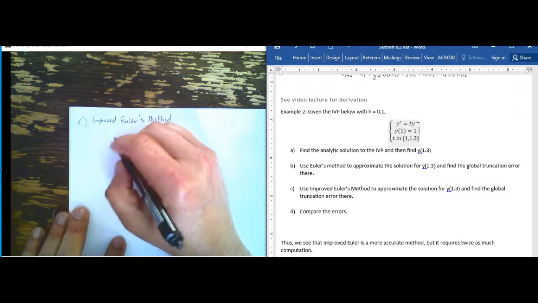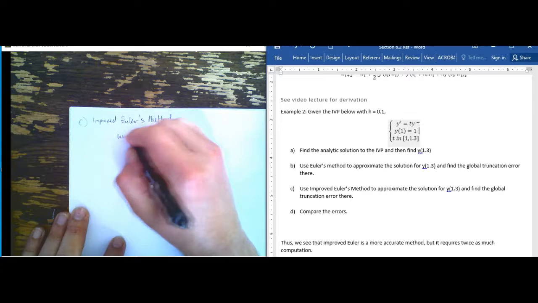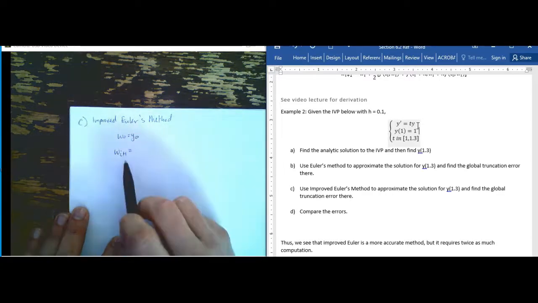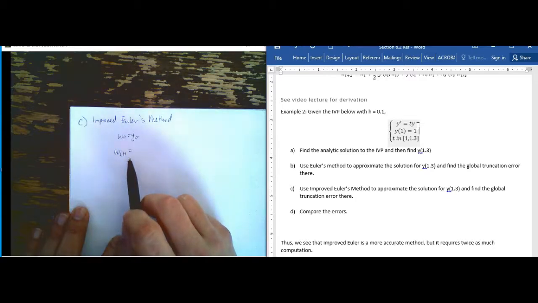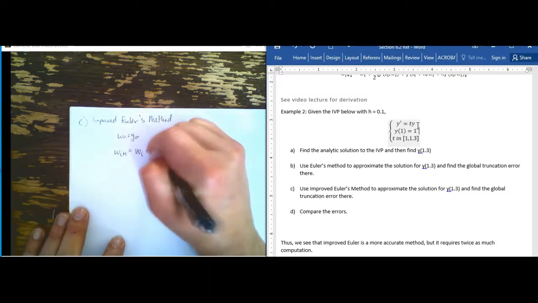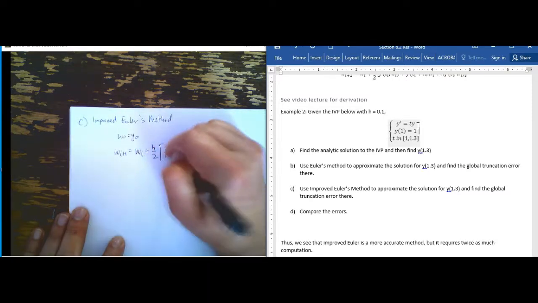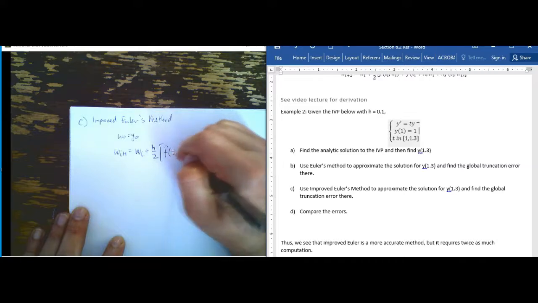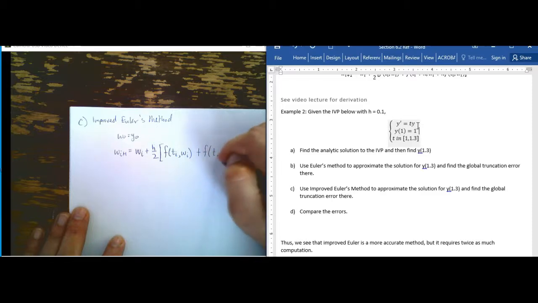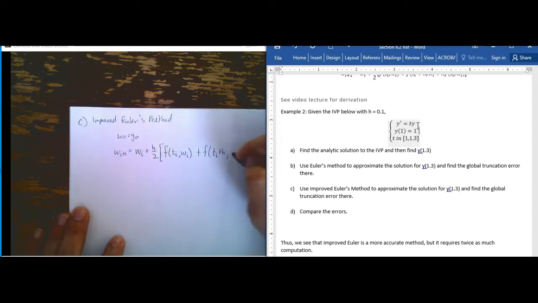All right. So the formula for that. So w0 is y0. w(i+1) equals wi plus h over 2 times f of ti, wi, plus f of ti plus h, comma, wi plus h times f of ti, wi.